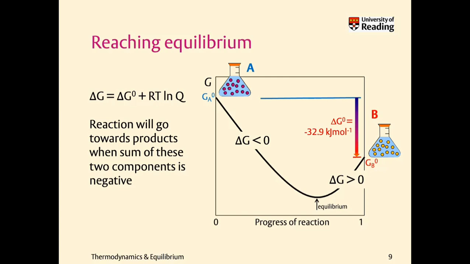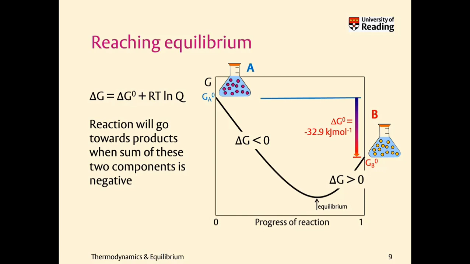So we can work out where we are along the reaction. The reaction will go towards products when the sum of the two components, the standard Gibbs energy change and the term with the quotient, is negative.